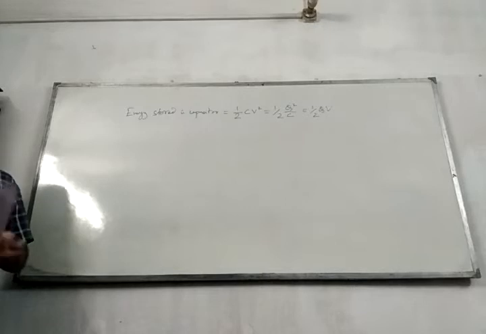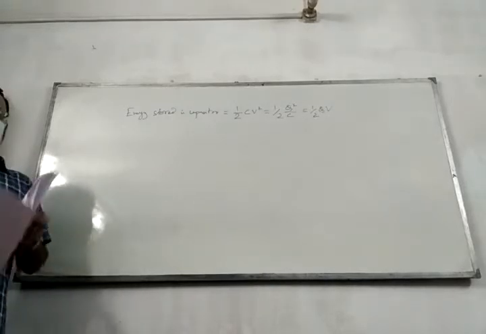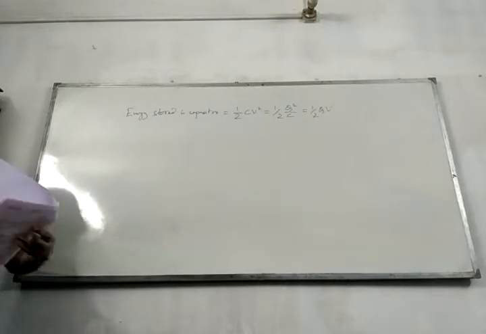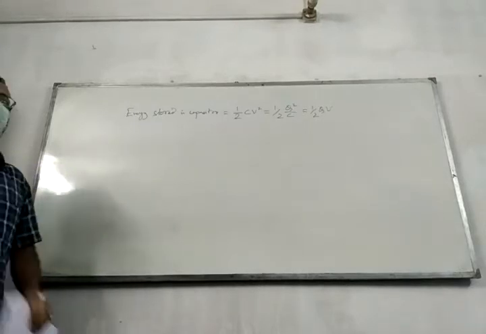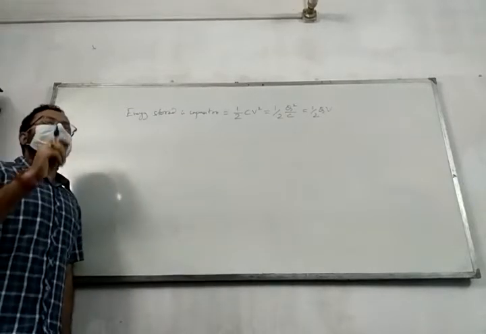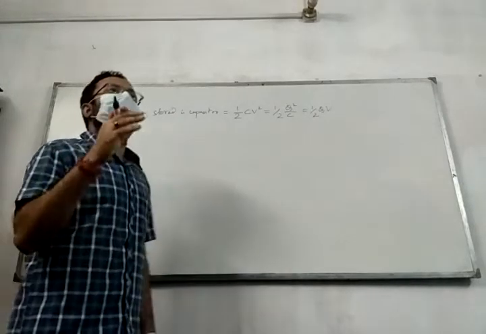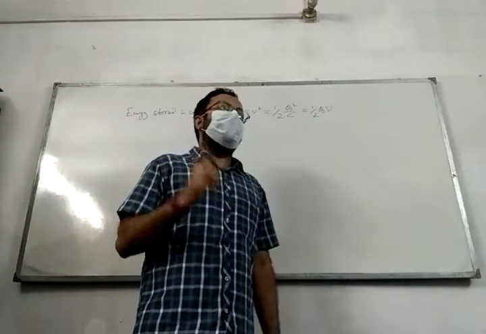So this is the amount of energy stored in a capacitor. Whichever data is known to you, you can use that data and calculate the amount of energy stored in the capacitor. Okay?